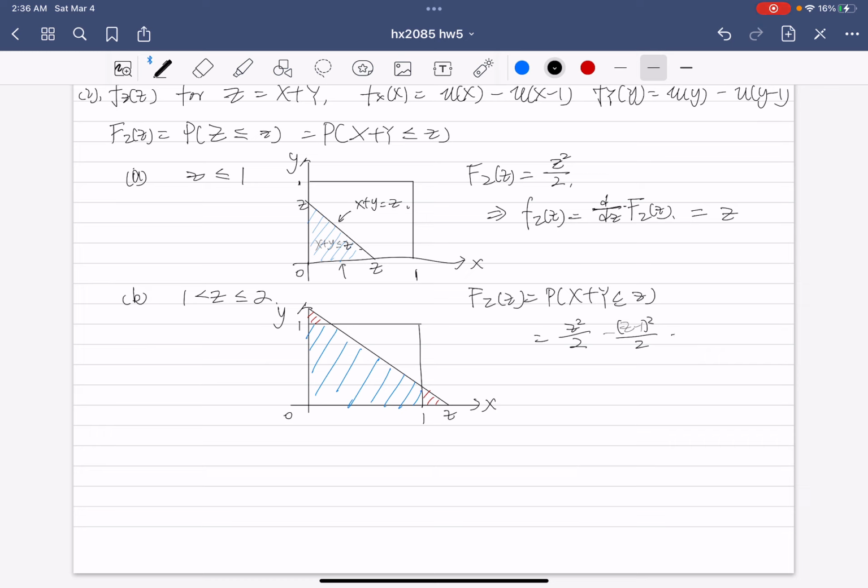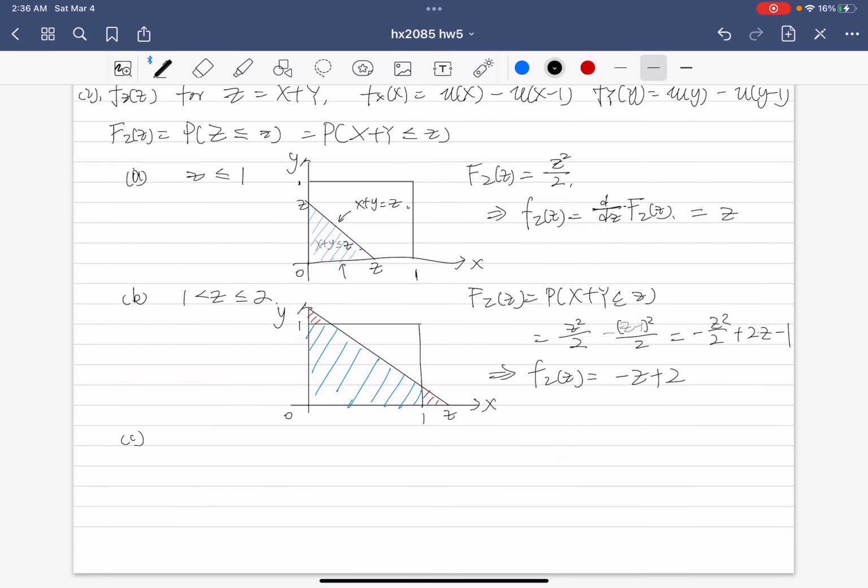The result is negative z squared divided by 2, plus 2z, minus 1. We can get the probability density function of z is negative z plus 2.